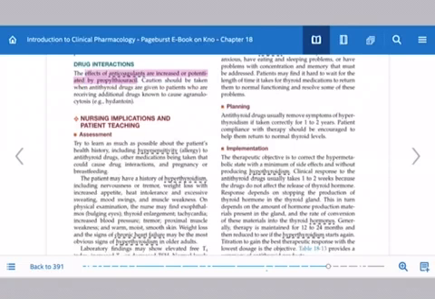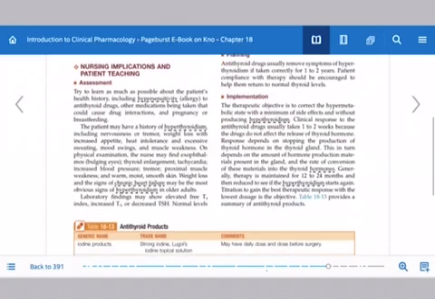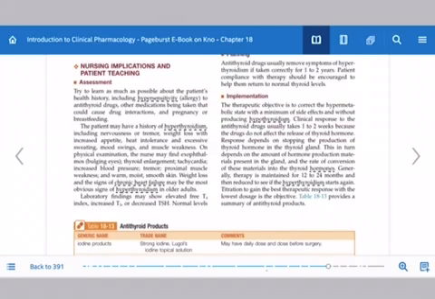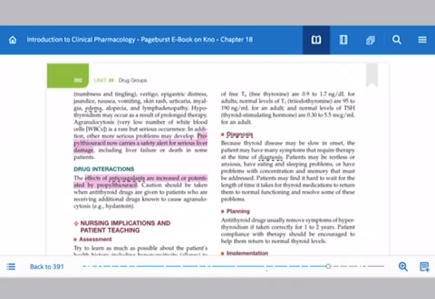Look for these signs and make sure you document them. Any laboratory findings that may show elevated T3, T4, or decreased TSH. Okay, know your normal lab levels here. We'll highlight that. You guys read over that.